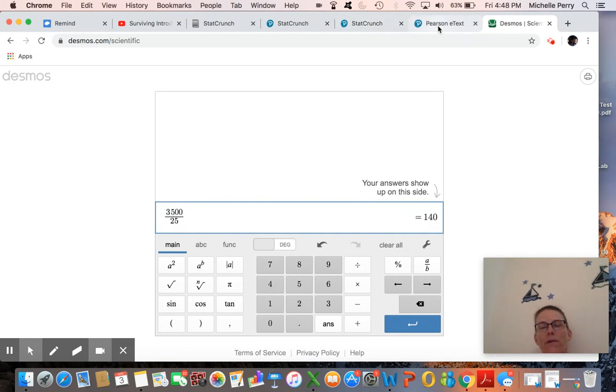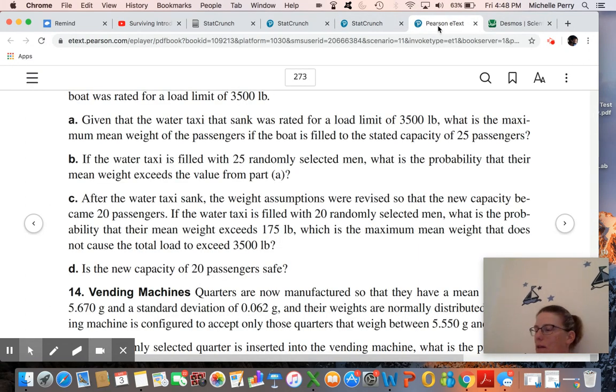Now, come back over and let's identify what the mean for the population is, what the standard deviation of the population is, and let's think about, can we use the central limit theorem to help us in this calculation for this specified probability value?